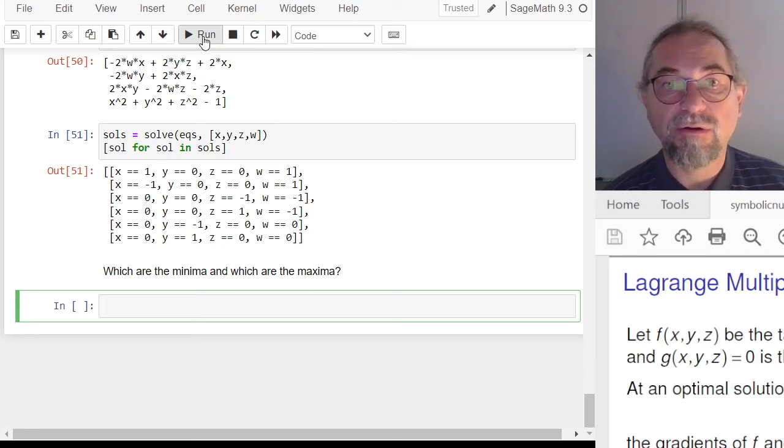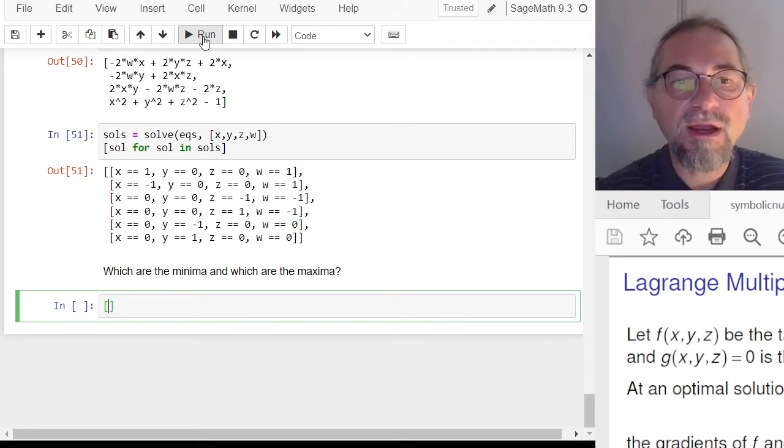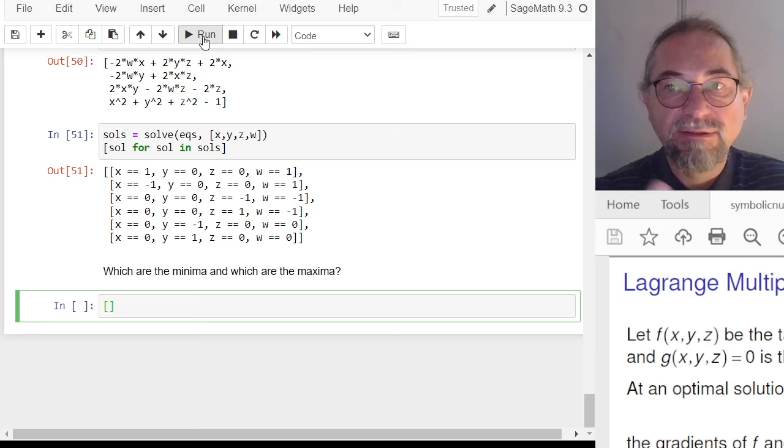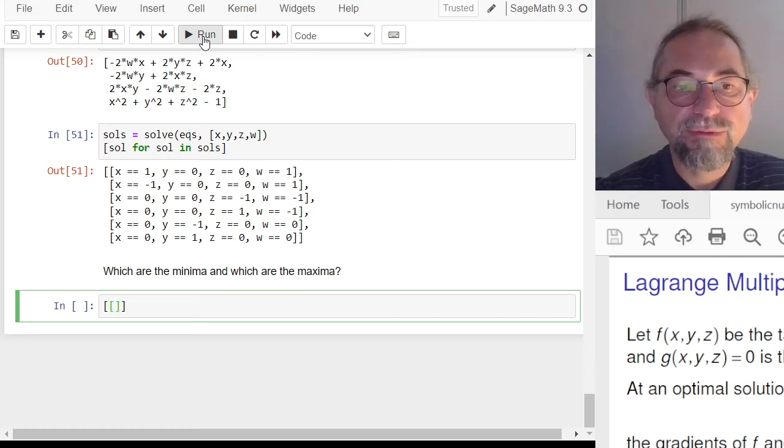I have a list of equations. So for every solution, I have to select the right-hand side.